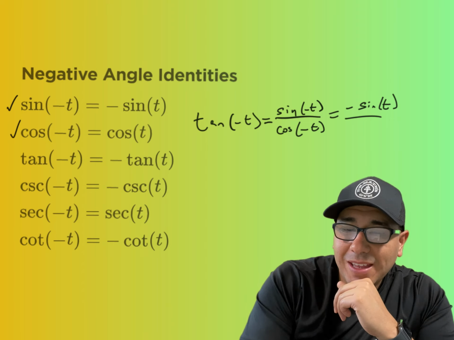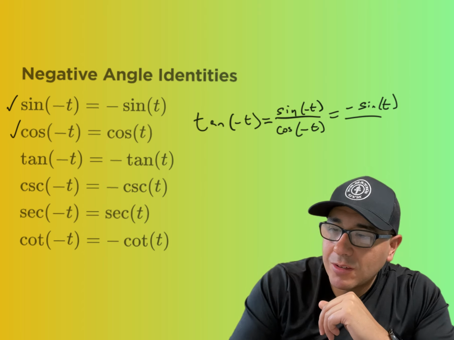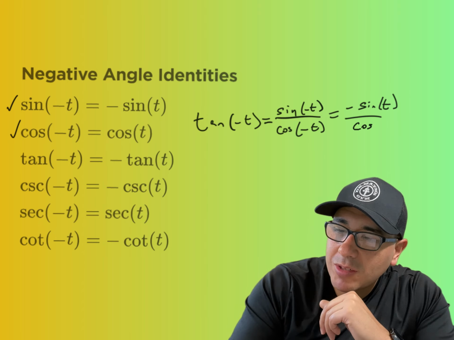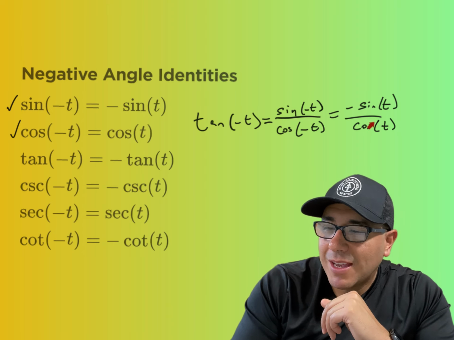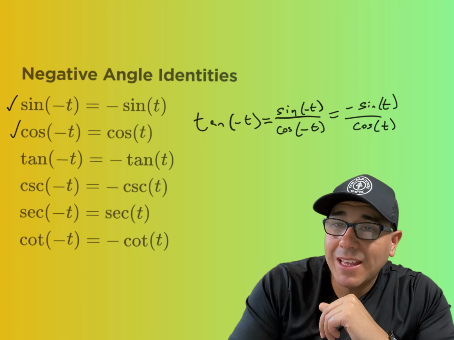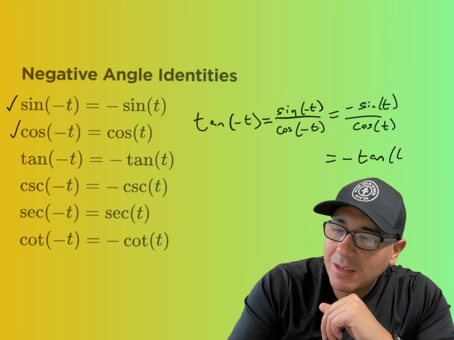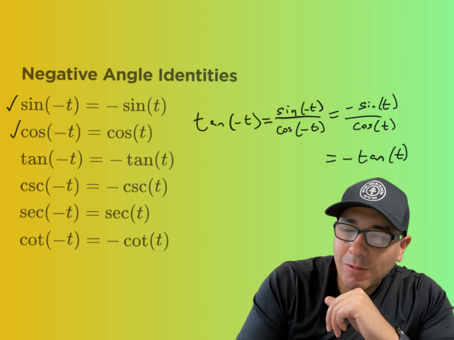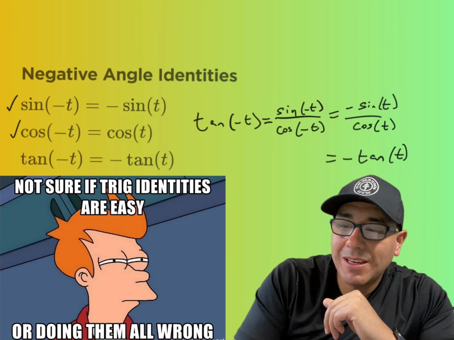We saw right here that cosine of negative t is equal to cosine of t. And now we know that sine divided by cosine is just tangent, and we have this negative sticking out in front. So our answer here is just negative tangent of t, which is exactly what we expected, because that's what the rule stated.